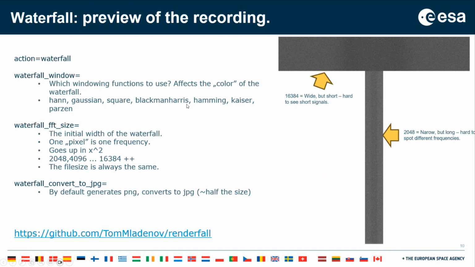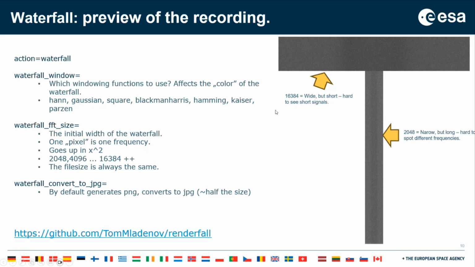And first is the windowing function. Honestly, I don't know how to explain it the best. The easiest way for me to explain it: when I try different windows, it gives you a different contrast of the actual image. Of course, it has a different use from the perspective of the signal, but the easiest way to explain it is that the different windows have a different way to aggregate the frequencies, and in the end, from the perspective of the picture, they give you a slightly different contrast of what is noise, what is signal, and how powerful the signal is.